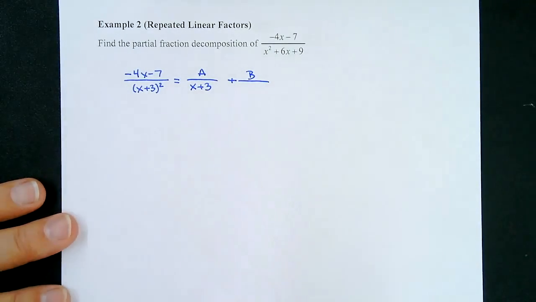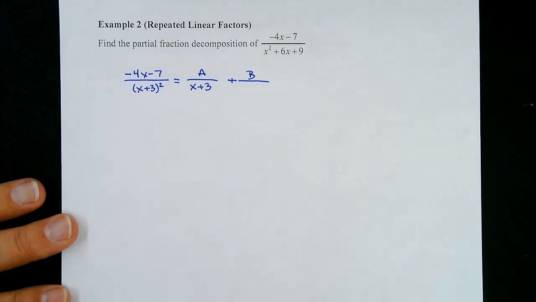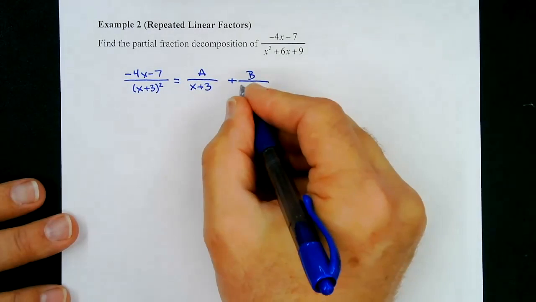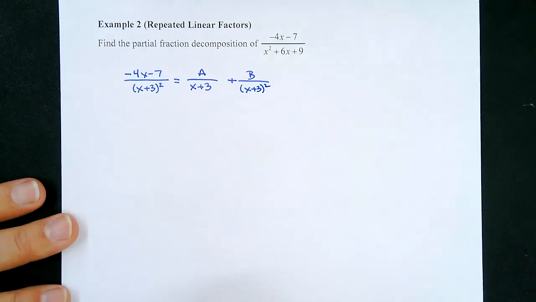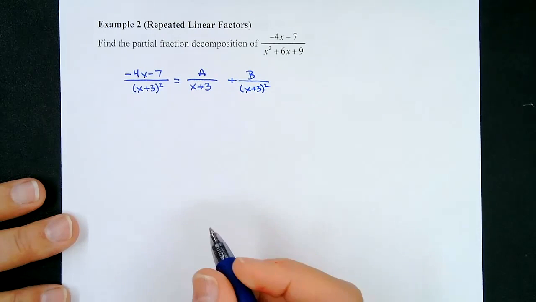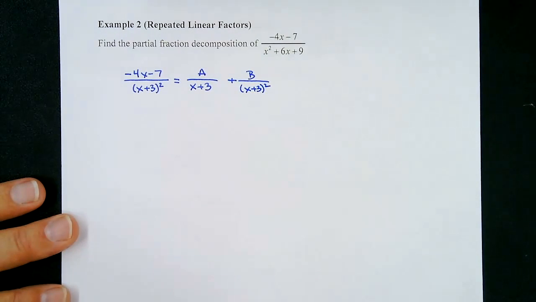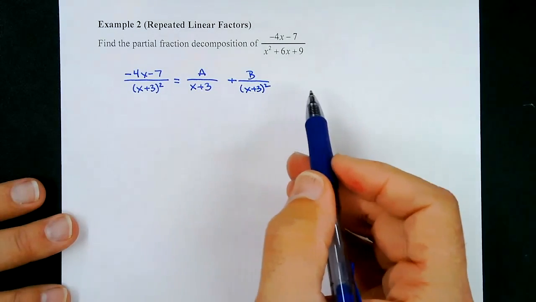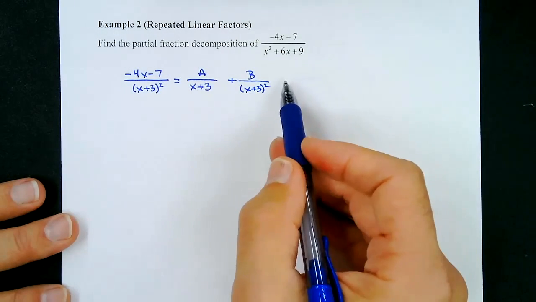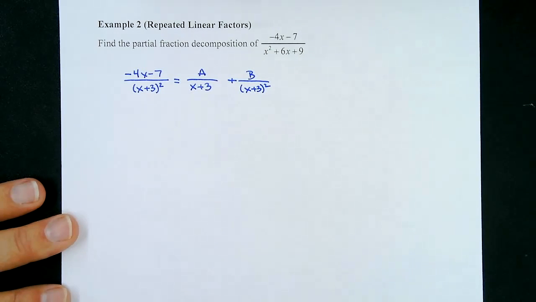So the denominator could either be x plus 3, or you could have a fraction that has x plus 3 squared in it. Okay, so if we had repeated linear factors of like 3 of them, then we'd have to do x plus 3, x plus 3 squared, and x plus 3 cubed, and we'd have plus c. And you're going to see that in a minute where we have like 3 factors for the denominator.